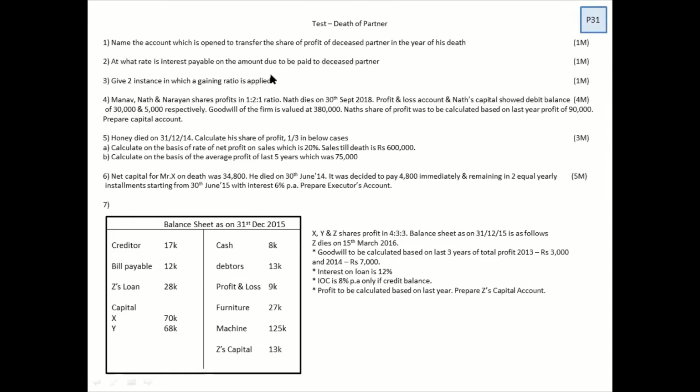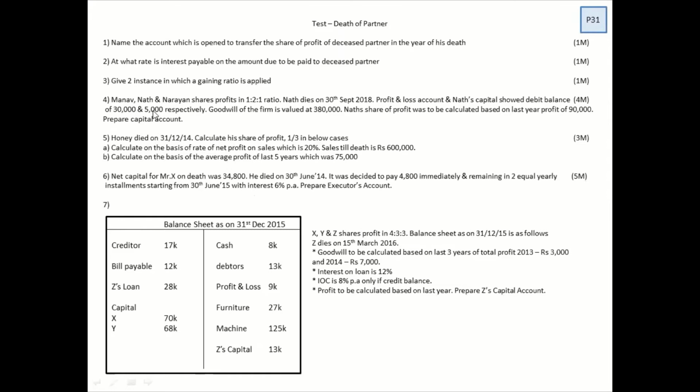Now this is the test for the chapter death of partner. I would like you all to attempt this test once, especially the fifth question, because I have a strong feeling that this question would definitely come in the board exam, as they have excluded the capital and executor account.